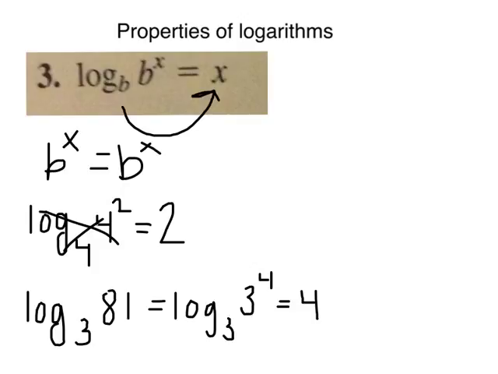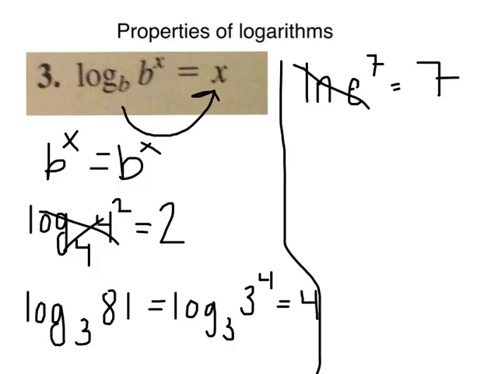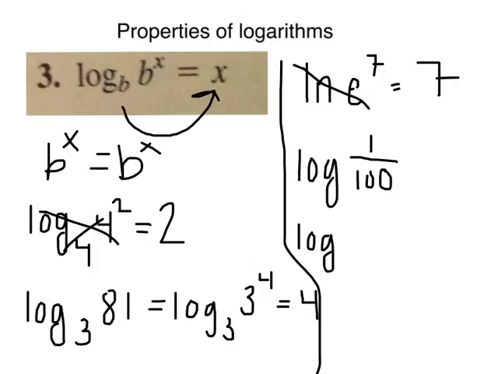Let's look at just a couple more here. If I have ln of e to the 7th power, ln means log base e, so the e's cancel out, and that equals 7. Alright, one more here. If I have log of 1 over 100, remember log with no base means log base 10, so this really can be written as log with base 10.